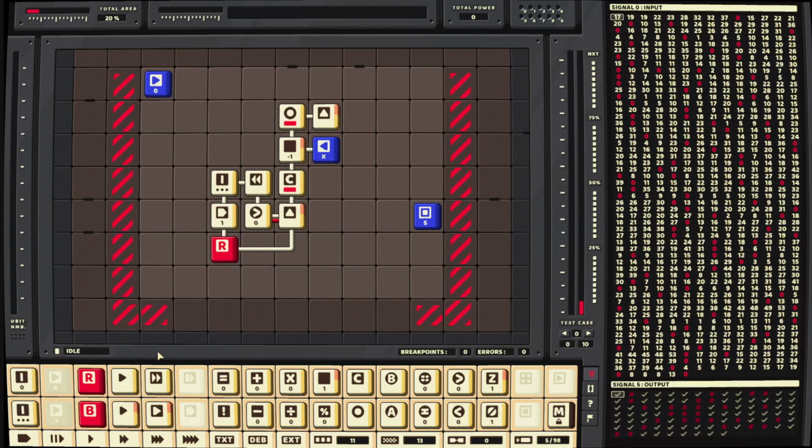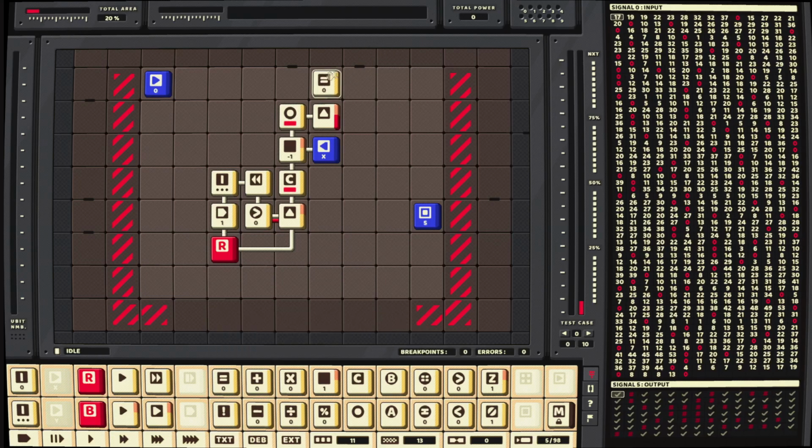I think I want it the other way. If it is red, the conveyor will activate.